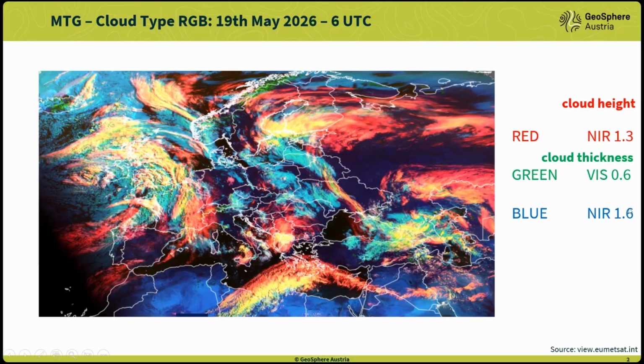Last but not least, we have the near-infrared 1.6 and the blue beam, and this physically relates to the cloud phase. And especially thick water clouds have a large blue contribution, and you see lots of thick water clouds in today's RGB image. So you have cloud height, cloud thickness, and cloud phase, so everything you need to know to identify the specific cloud types.